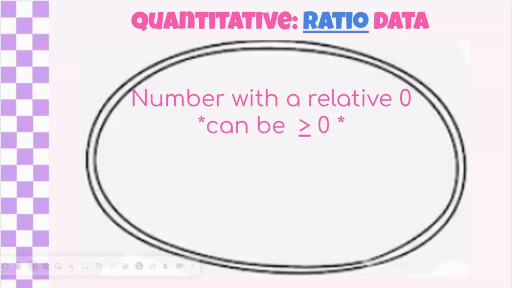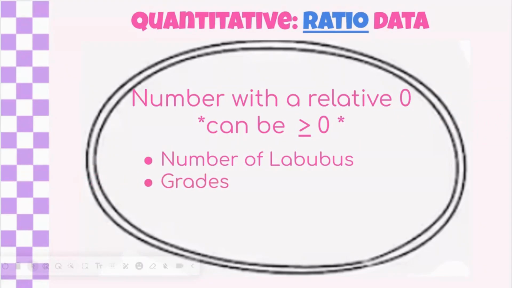So it can be greater than or equal to zero in this case. Here are some examples: the number of Labubus that you have, your grade, the number of dollar bills in your wallet. If you have 0 Labubus, that means you do not have any of these Labubus in your possession.